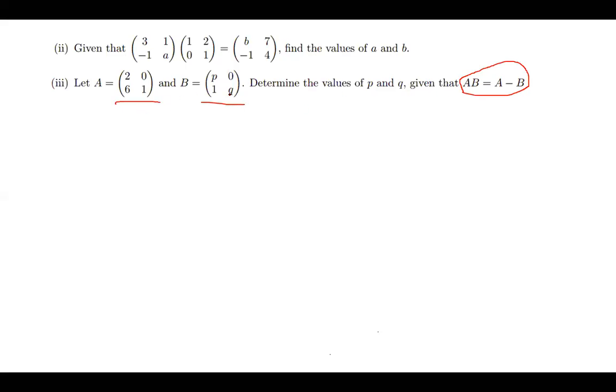You multiply A and B, you write your answer there, and then you equate it to the difference between A and B. So the difference between A and B is just you subtracting B from A. So meaning you're going to subtract this B from that A, you write your answer there, and then pick corresponding entries, and then find the values of P and Q.